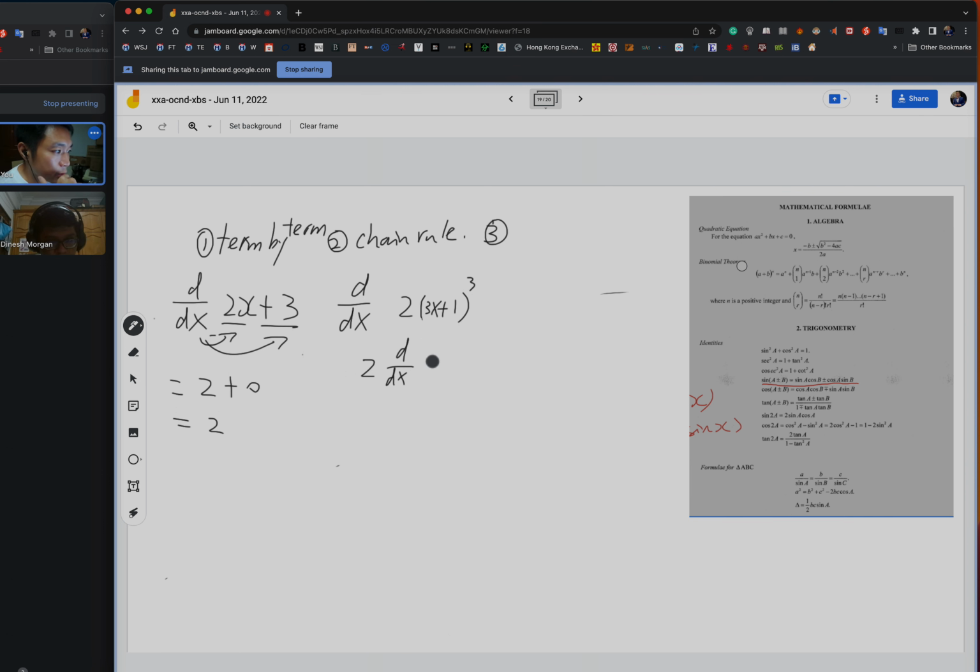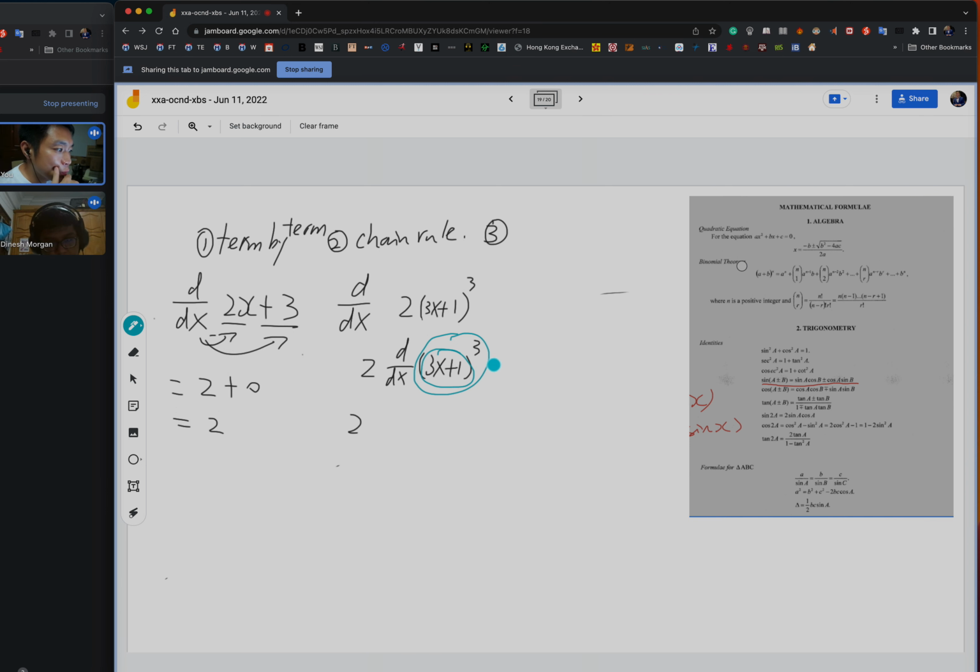So you just do this one. You differentiate the entire thing first, then you differentiate inside. It's like you peel back the layers of the onion. First layer, second layer. So you differentiate the entire term first, then you differentiate the inside.